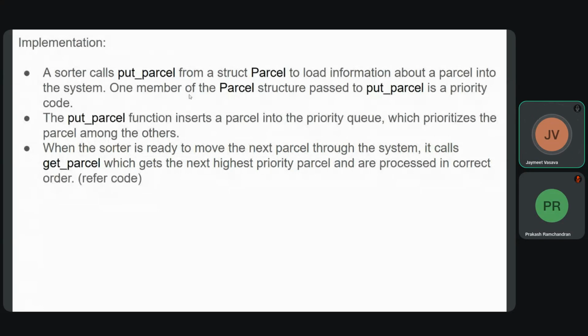The put parcel function inserts a parcel into the priority queue, which prioritizes the parcel among the others. Then when the sorter is ready to move to the next parcel, it calls get parcel, which gets the next highest priority parcel, so parcels are processed in the correct order.